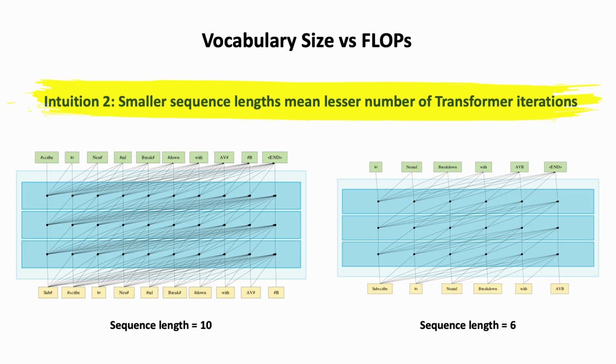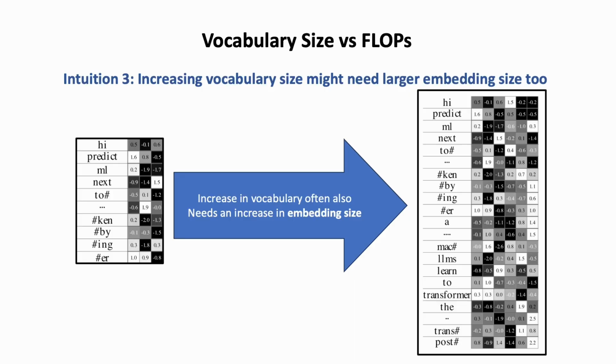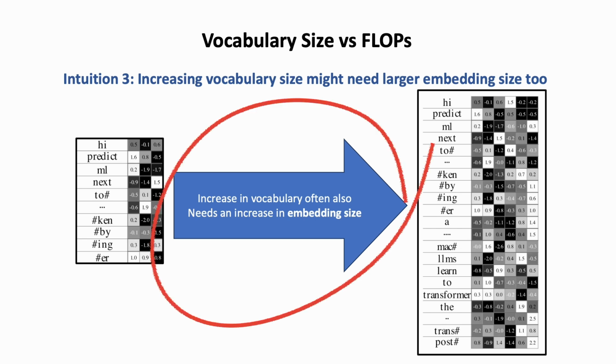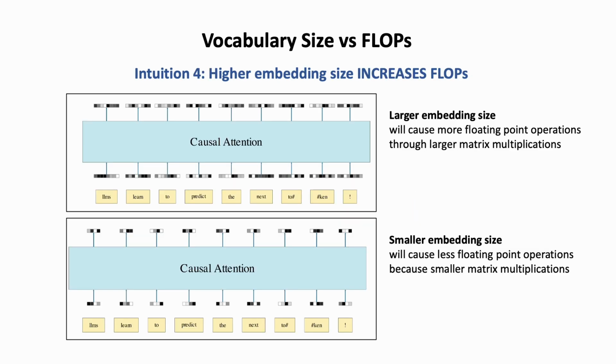Well, there's a catch. A larger vocab also means that you have to store a much larger embeddings table now, and maybe the 256 dimensional vectors won't be able to powerfully distinguish between each word anymore. So you may have to also increase your embedding size for better performance. Larger embedding size will increase the number of flops because things that used to be a 256 dimensional vector math is now 512 dimensional vector math.